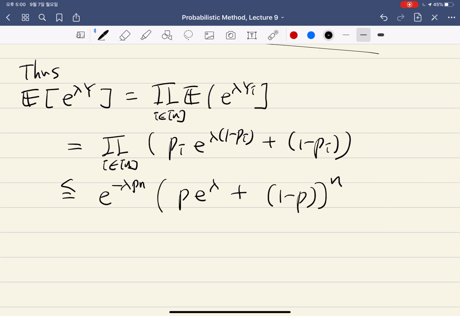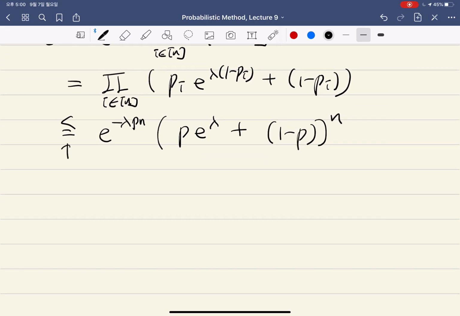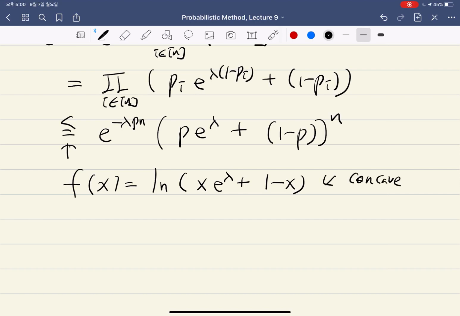Why do we get this? If we consider a function f(x), which is log of (x e to the lambda plus 1 minus x), then it's easy to check that this is concave. By concavity, we have this inequality, because the average of pi is p. And you take the exponential on both sides.